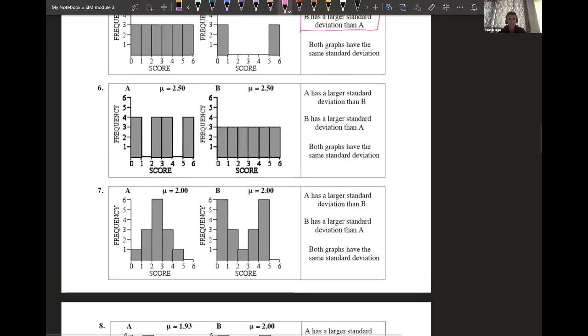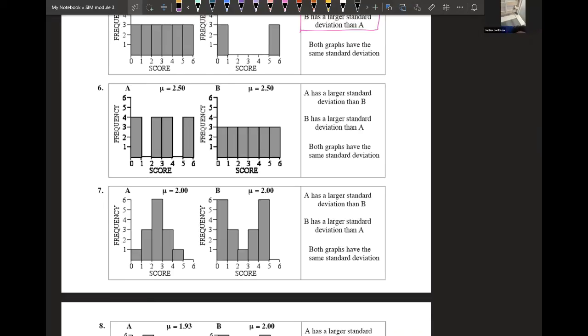Number 6, which one has a higher standard deviation? I asked everybody, so let's go again with Matthew. What do you think, 6? B. Or would it be the same?